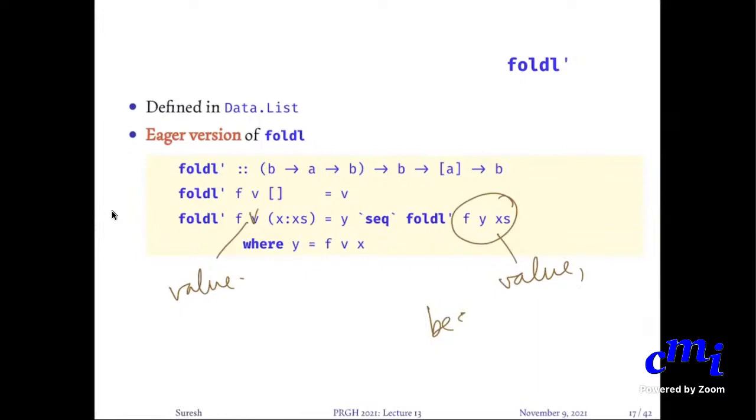This is evaluated, it is a value. You're saying y is nothing but f v x, so y will be evaluated as f v x first, and only then you will say, okay, now modify the accumulator to be f of y x.